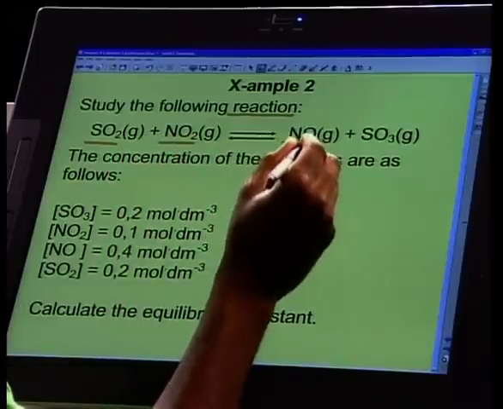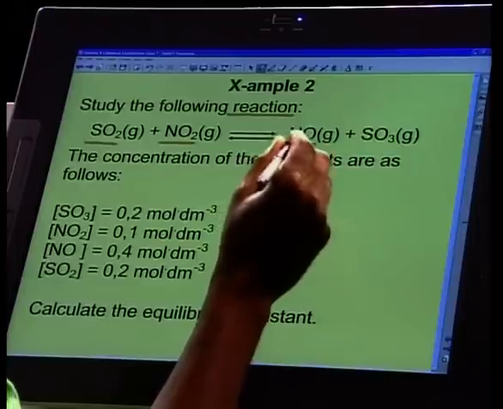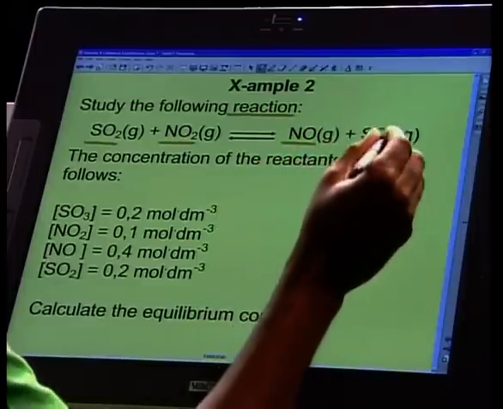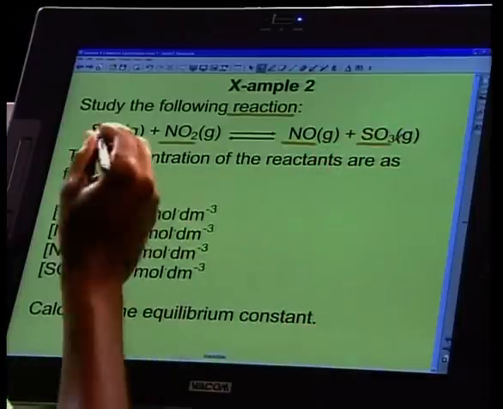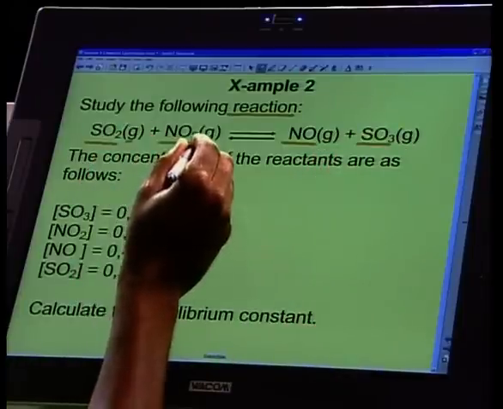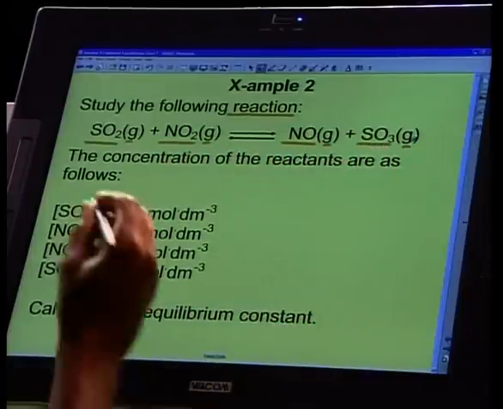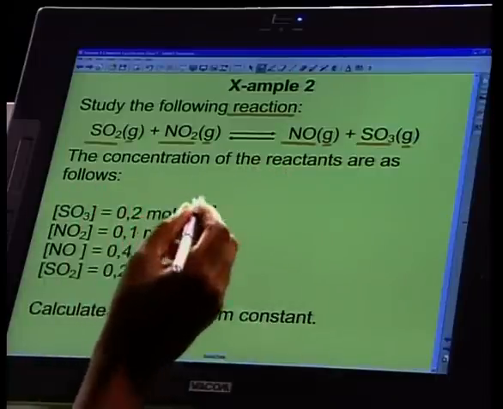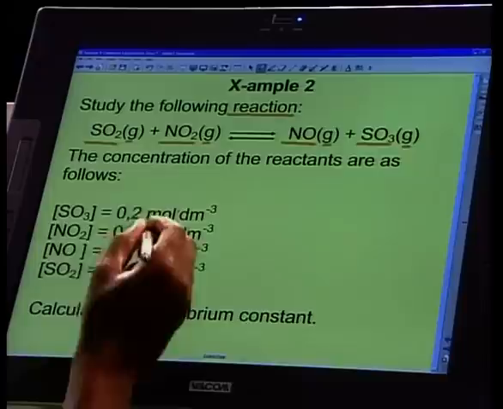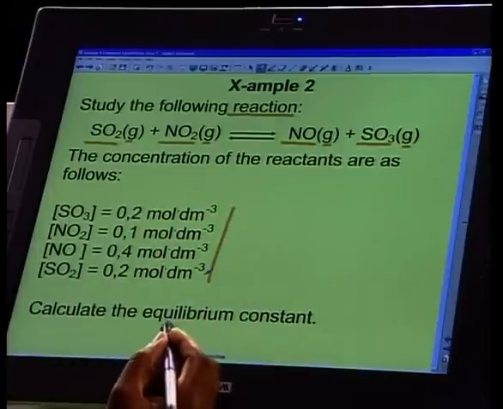We have nitrogen monoxide with sulfur trioxide. All these are gases, okay? They are gases. Right. The concentrations of the reactants are as follows. Okay? We have the concentrations here. There they are given to us.